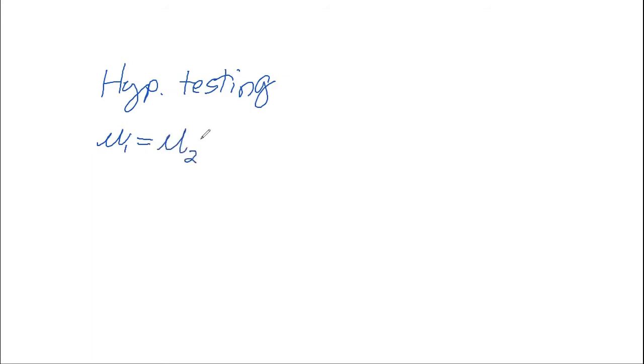Okay, very broadly speaking, ANOVA could be used for hypothesis testing. When we use it for hypothesis testing, the null hypothesis is that the groups are equal, and we express that as saying mu1, mu2, and mu3, etc., up to k groups.